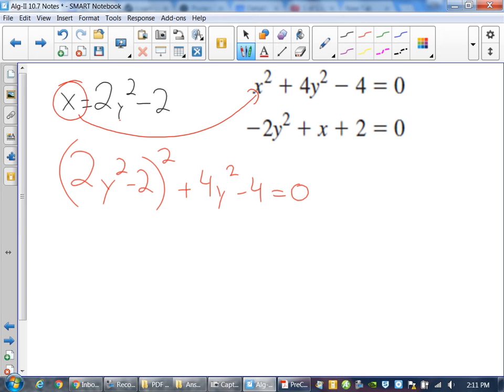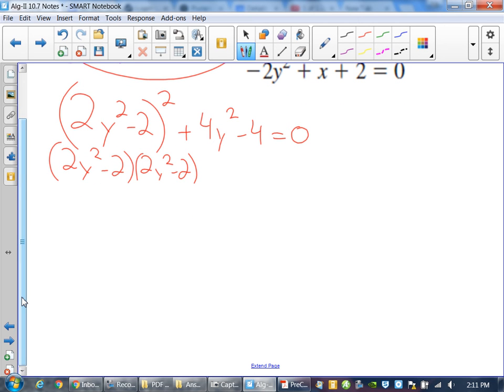Foil this out. Why did you square the 2y squared? Because it's x squared here. X is this, so I substitute in. Okay? Foil this out. I'm hoping you remember something about exponent rules.